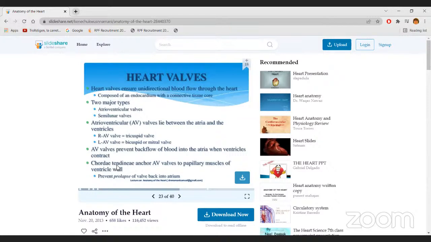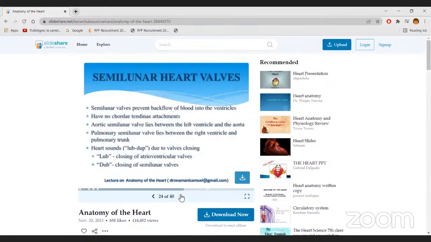The chordae tendineae and the papillary muscles of the ventricle prevent the prolapse of the valve back into the atrium. The next one, the semilunar heart valves.